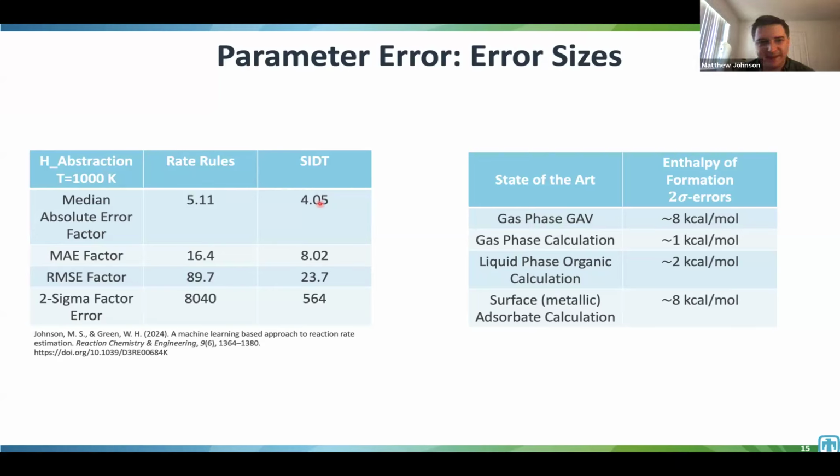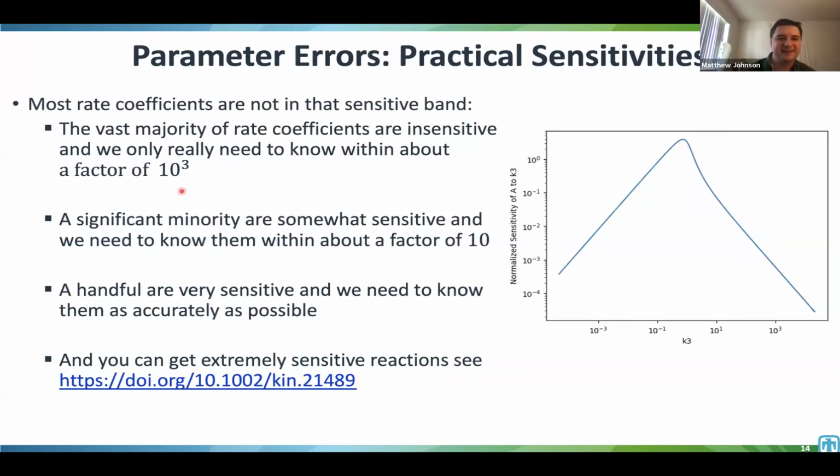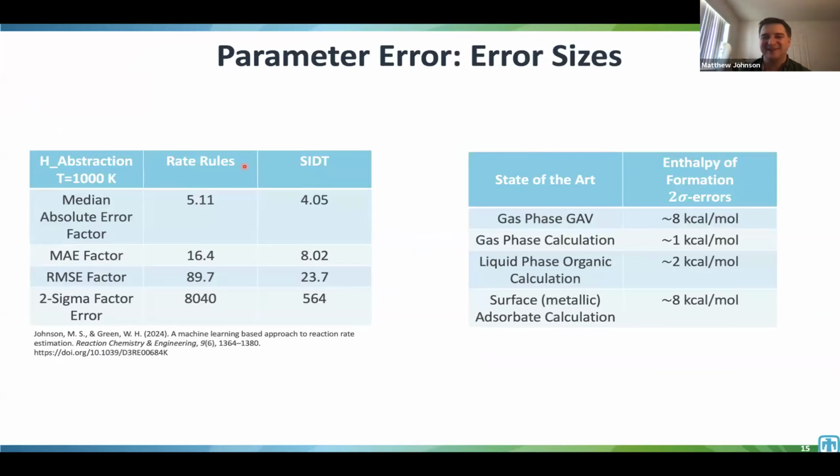We're doing pretty well. But our 2 sigma error factor is around 3 orders of magnitude. So that's good enough for most of these ones over here. We do a pretty good job, although if you're dealing with a system that's a little bit different than what RMG is used to, and you have less similar training data, of course, your errors can be much larger than this.